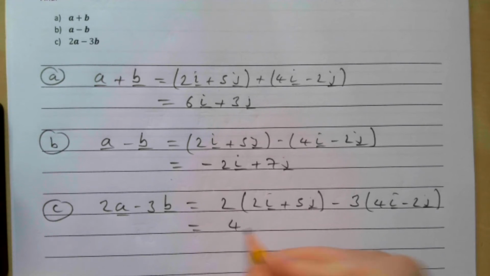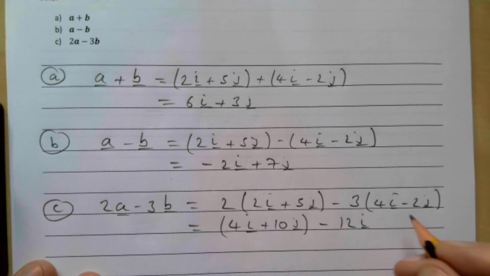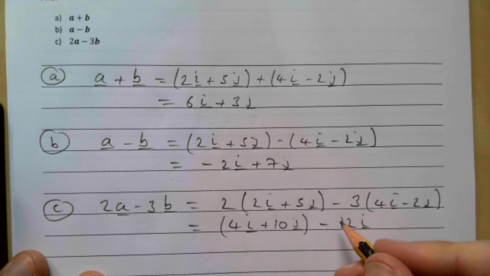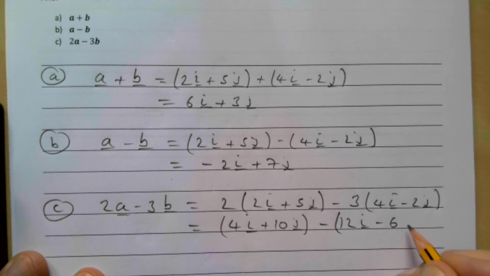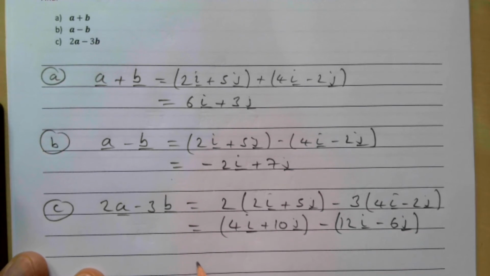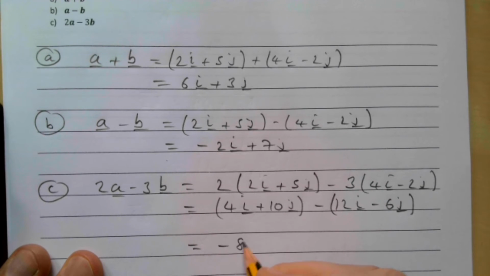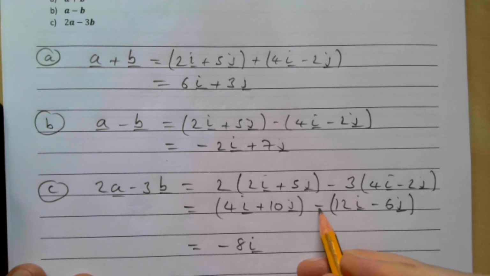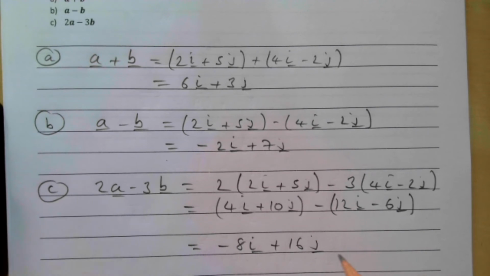That obviously gives me 4i plus 10j, take away 12i minus 6j. Just being careful with the negatives, I suppose, is all we're saying. 4i take away 12i is going to give us minus 8i, and then 10j minus minus 6j is, of course, 10j plus 6j. So that gives me plus 16j.